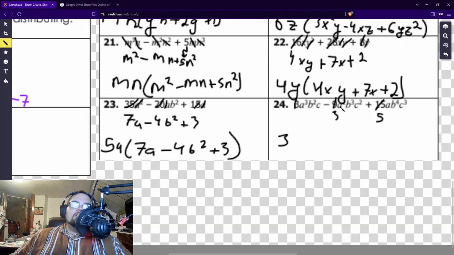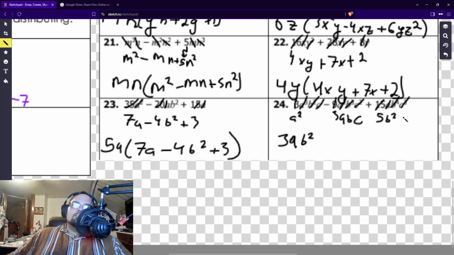A cubed, a squared, a. Most amount of a's I can pull out is 1. So I'm going to pull out my a. Your left is an a, and your left is an a squared. B squared, b cubed, b4. Most amount of b's I can pull out is 2. So your left is a b, your left is a b squared. C squared, c.